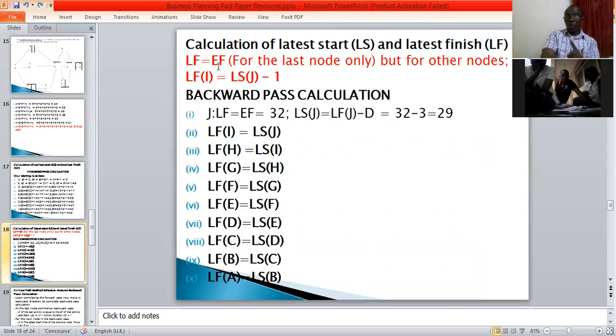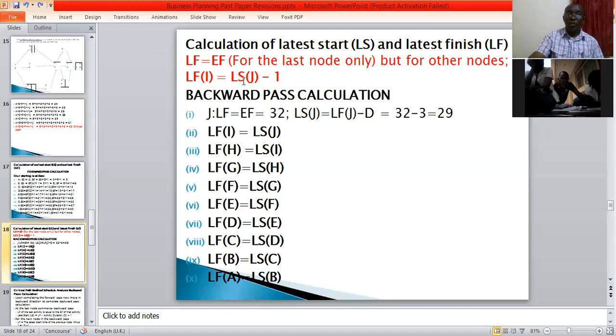But remember that for other nodes, the latest finish for this activity, which is activity I, is equal to the latest start for the successor activity minus 1.